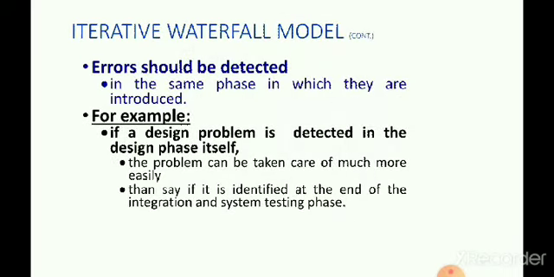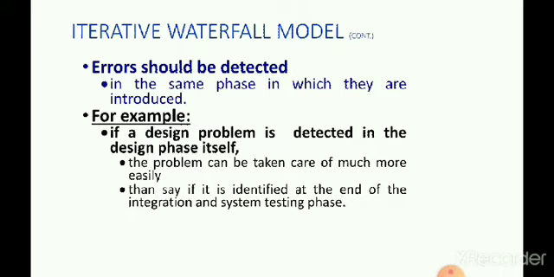Errors should be detected in the same phase in which they are introduced. Means it is easy to rectify the errors if they are noticed earlier. For example, if a design problem is detected in the design phase itself, the problem can be taken care of much more easily than if it is identified at the end of the integration and system testing phase.